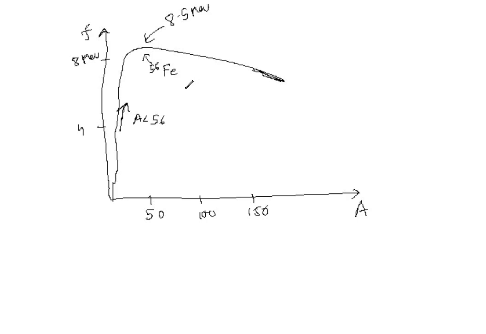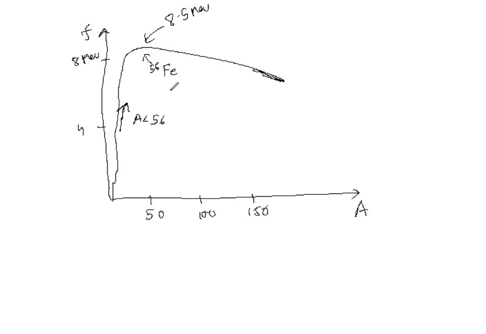Now this increased repulsion by the Coulomb force brings this curve down. So this is the surface effect, and here there is the Coulomb effect because of that. Now around the maximum we have the most tightly bound nuclei, or in other words iron-56, which has the smallest mass per nucleon.